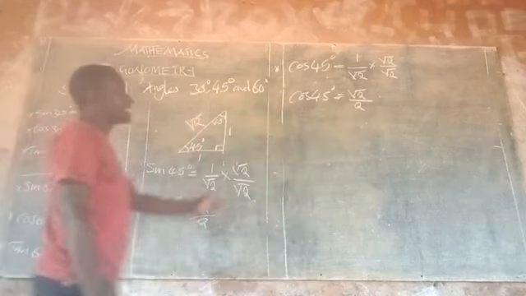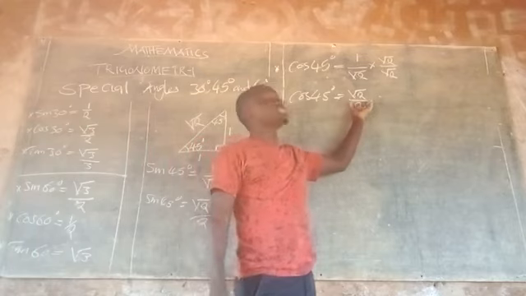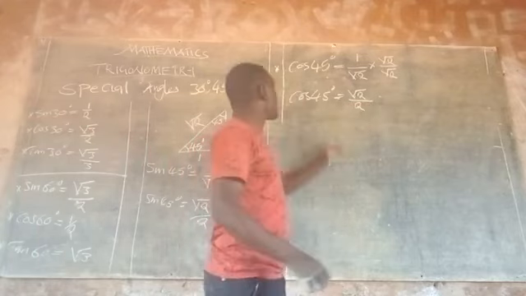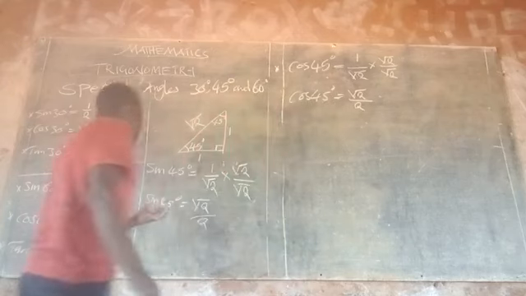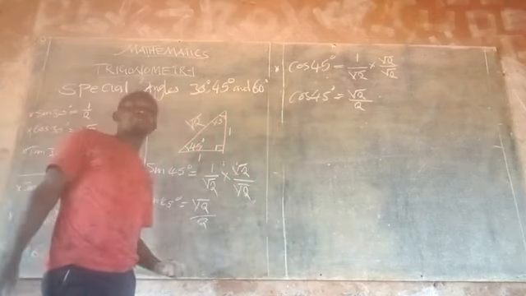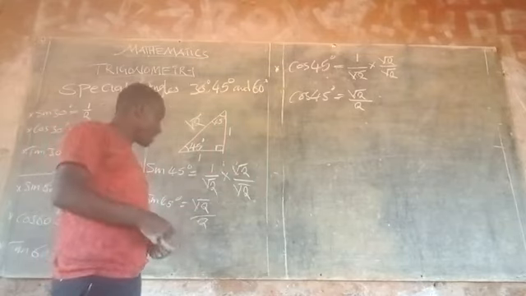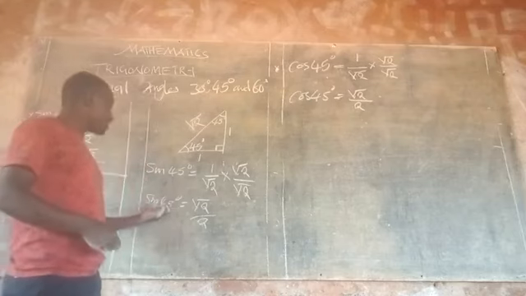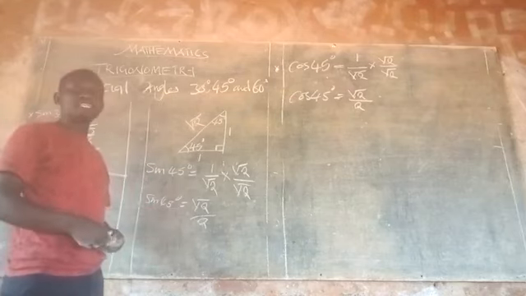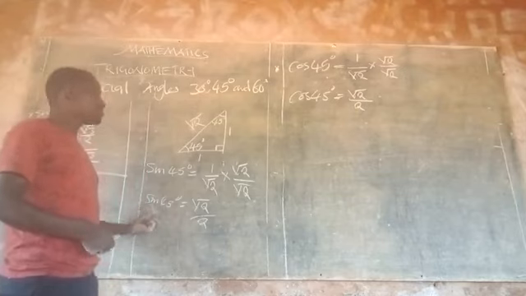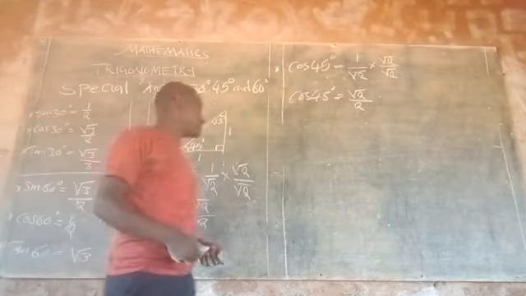So this is the value of cos 45. So cos 45 and sine 45 are just the same. If you want, you can get a calculator and enter sine 45. You are going to find that you get the same value as cos 45.